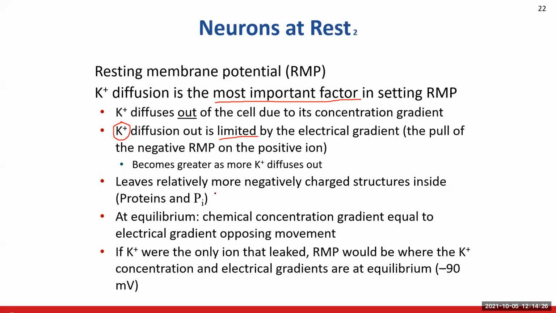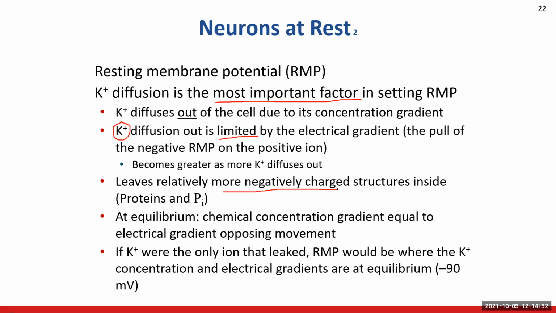So think about it. As that potassium leaves, it's going to make the inside of the cell even more negatively charged because those proteins and the inorganic phosphate cannot leave. So as that positive potassium starts to leave the inside of the cell and takes its positive charge with it, it makes the inside of the cell more negative.